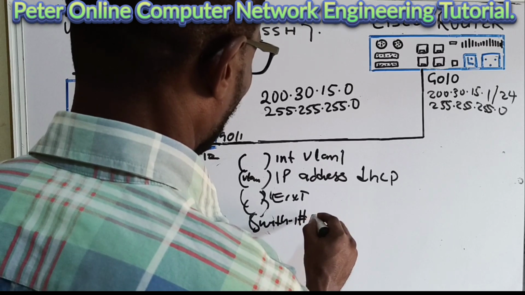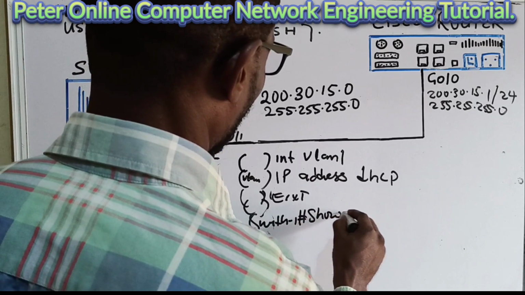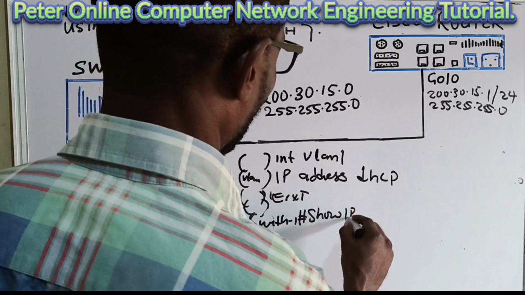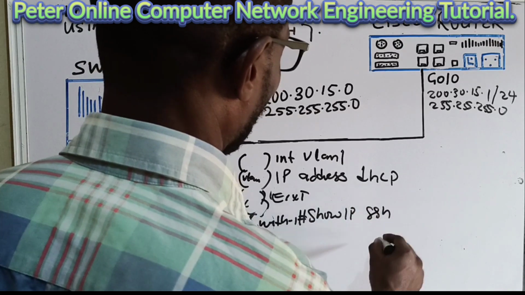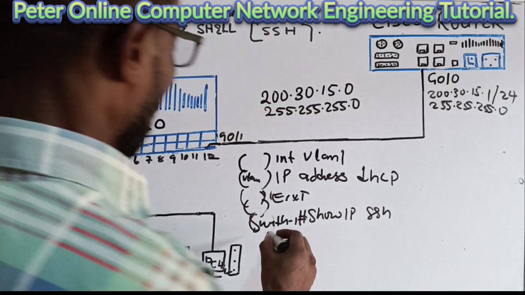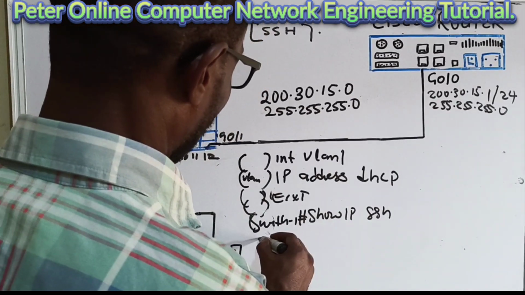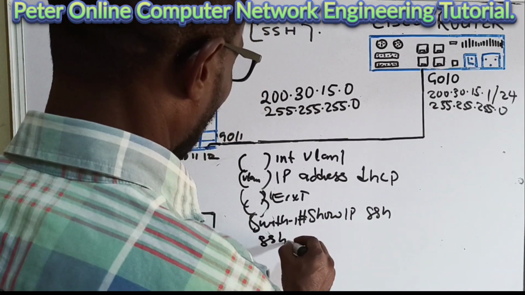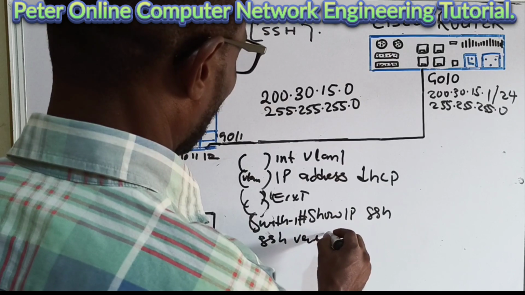You put show ip ssh. You hit enter. The message you're going to get is that SSH version 2 is enabled.